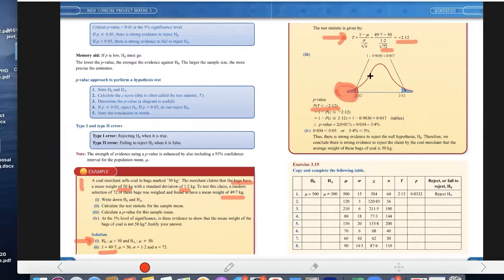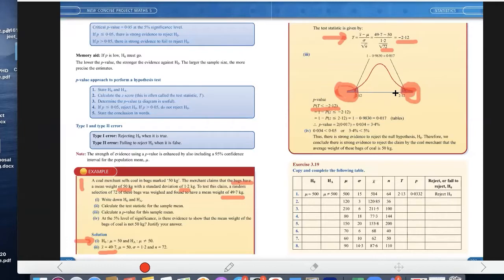Now as you know, because of the tables that we use, we don't have negative standard deviations in them. So it's the same thing as twice the area up here. So that's 2.5%. If I get the probability of being up here, and multiply it by 2, I get the same thing as the total 5% that would be in the two ends of that normal distribution.